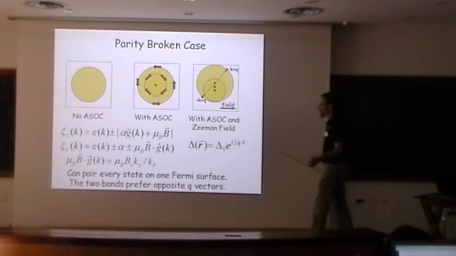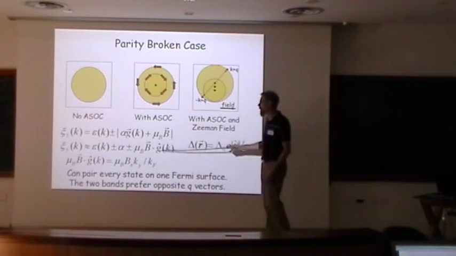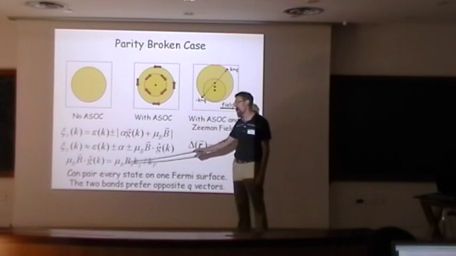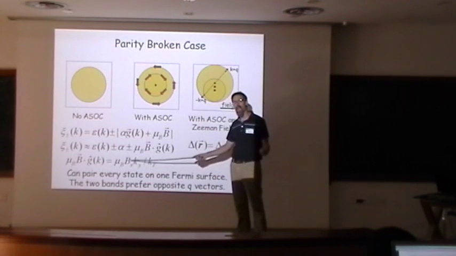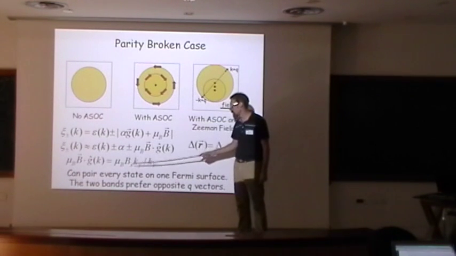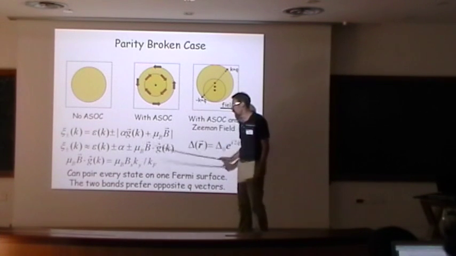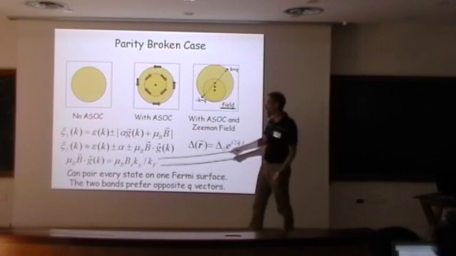And now I look at the structure of g(k) for a Rashba spin-orbit coupling. Well, if I apply the field along the x direction, if you remember, my g(k) was x hat k_y minus y hat k_x. And so if I apply the field along the x direction, I'm going to pick up a k_y component from this dot product. And now you see what happens.